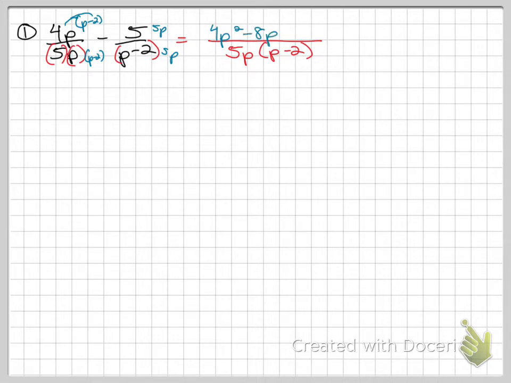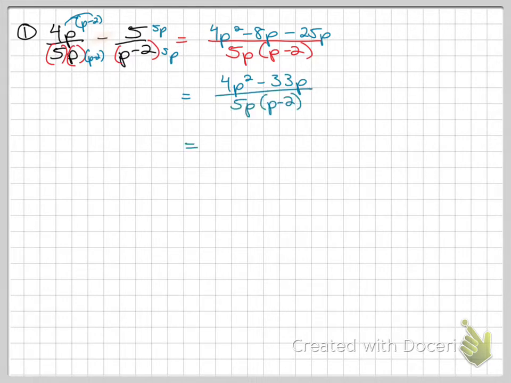And then this problem says minus, so be extra careful there, minus. And then 5 times 5p is 25p. Then you combine like terms. So we've got 4p squared, 25 minus 33p over our common denominator.